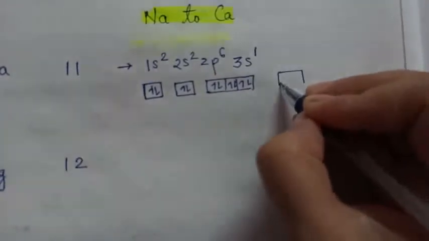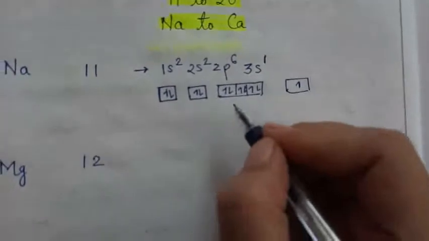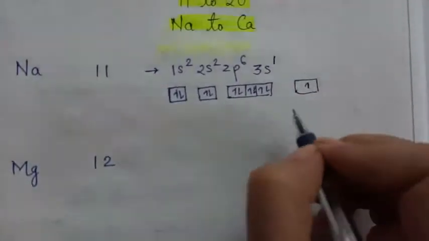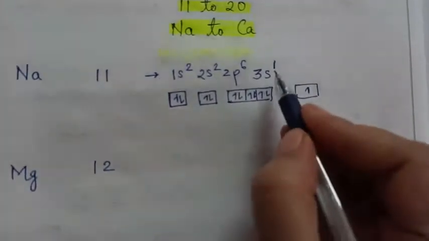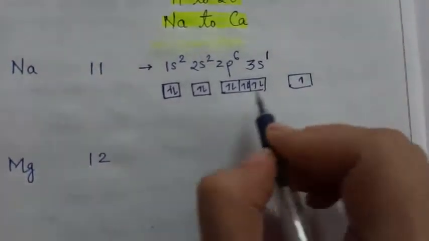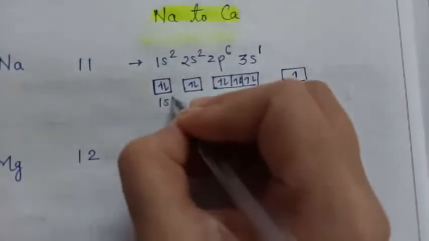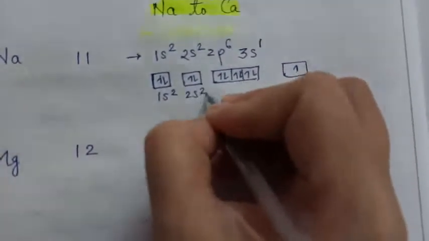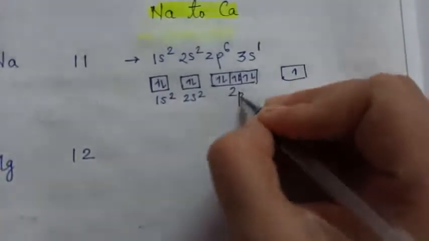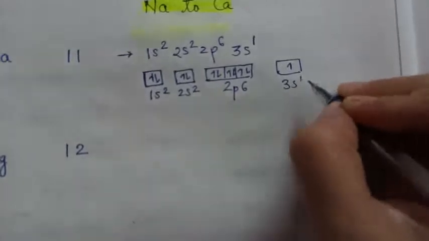Then comes 3s1, right? So if you could see, this is the way of writing the electrons and this is the way of showing the electrons filled in the orbitals. Below these orbitals, I can write the name of the orbitals along with the number of electrons filled in it. So this is how I can write.